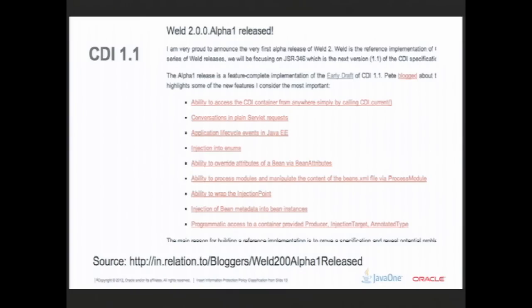So one kind of fallout from that is basically that JSF managed bean may become deprecated or not needed, because you can fully replace it with CDI, and you probably don't need managed beans anymore in EE 7.